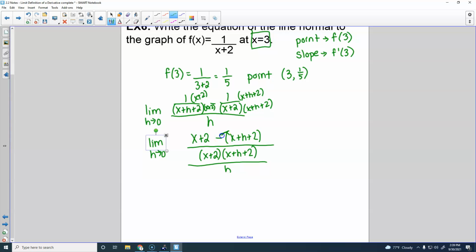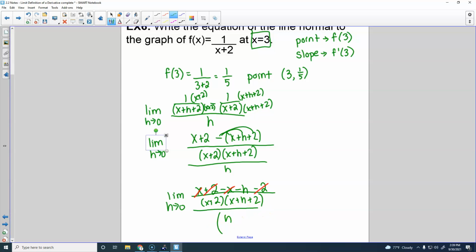So we've got to distribute that negative. So we're going to have x plus 2 minus x minus h minus 2 all over this junk. Okay, so the x's can cancel, the 2's can cancel. We're left with that negative h in the top.